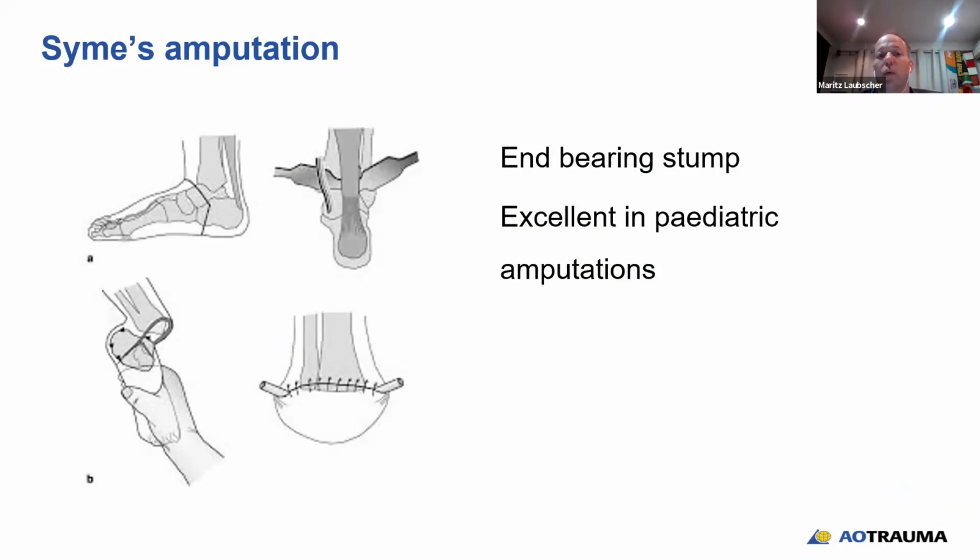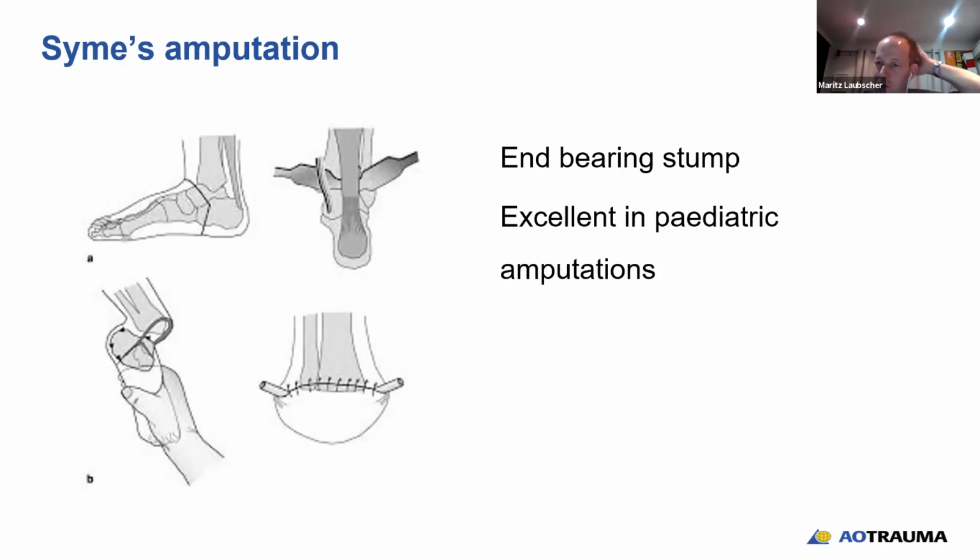A Syme's amputation, which is really a disarticulation of the ankle joint and shaving of the malleoli while retaining the heel pad, is an example of an end-bearing stump. So the patient can bear weight on the end of that stump. When they walk short distances, they don't have to wear a prosthesis. It's an excellent pediatric amputation. What's worthwhile to remember is that in congenital limb deficiencies, where children have Syme's amputations, often the limb is not a normal length. So the patient has an end-bearing stump, but it's not the same length as the other limb.